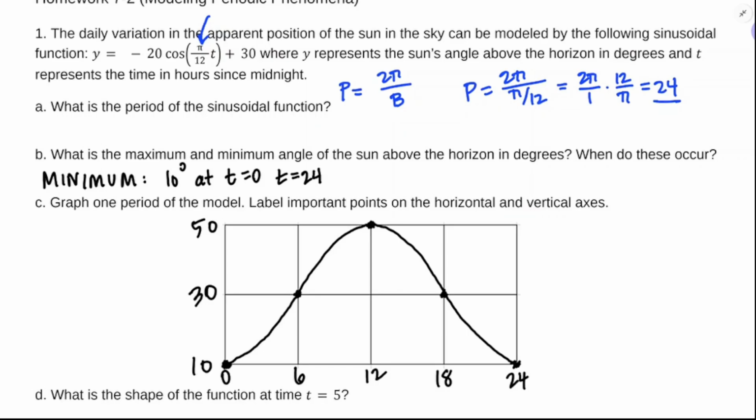Unless I'm missing something here. No, 2 pi divided by pi over 12 is 24 hours. That makes sense. So at t equals 0 and t equals 24 hours since midnight. Yeah, this is up in those very far regions. And then the maximum is going to happen at t equals 12. That's noon. And that's going to be 50 degrees above the horizon.